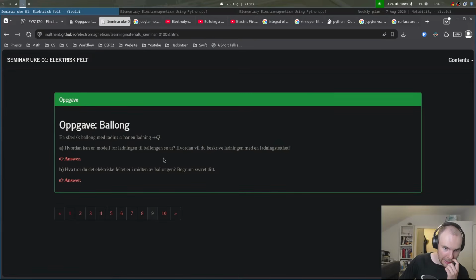Problem 9. Balloon. A spherical balloon with radius a has a charge plus Q. What can a model for this balloon look like? How do you describe the charge with a charge density?